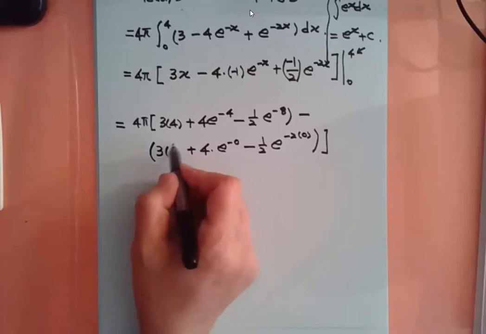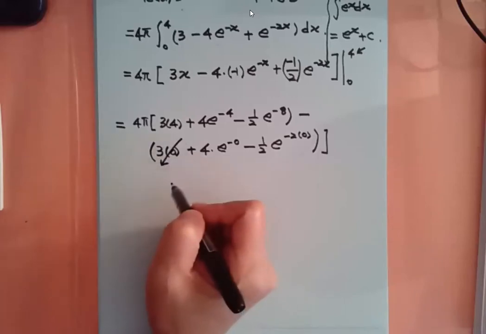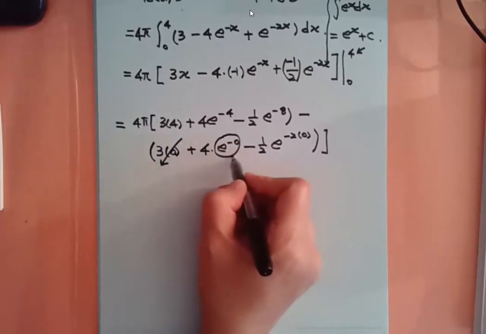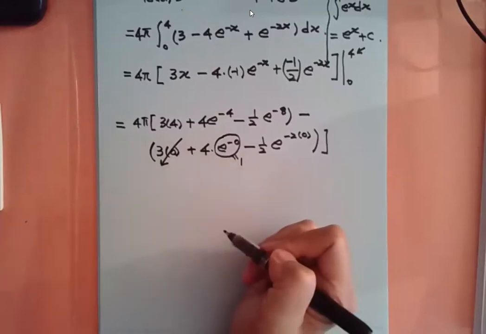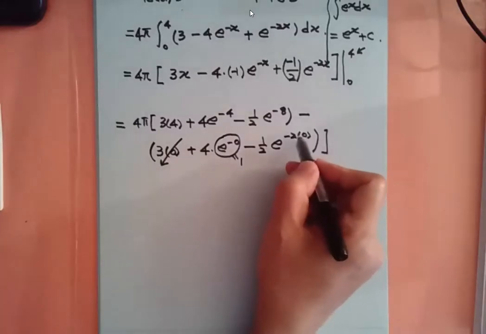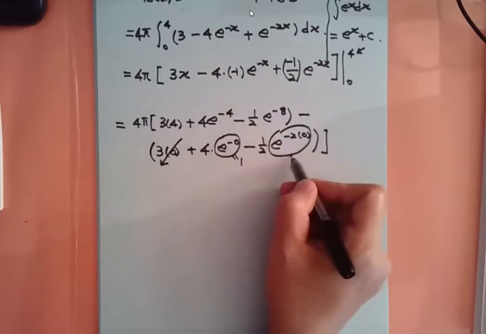So 3 times 0 is 0. And this one equals 1. And this one is 0. So this one is 1.